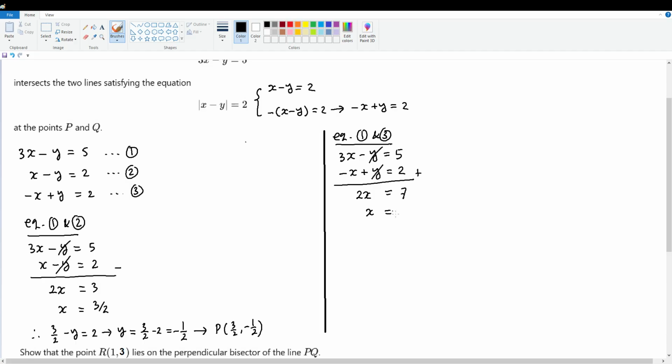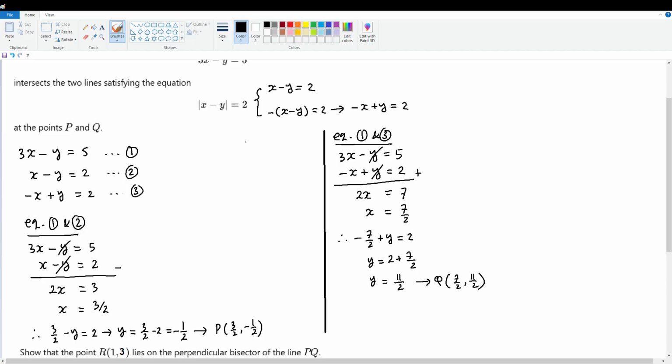So the variable x in this case is 7 over 2. To find the variable y, I will choose equation 3. It's easier than using equation 1, right? So I get minus 7 over 2 plus y equals 2, or y equals 2 plus 7 over 2. Solving this one, we get 11 over 2.